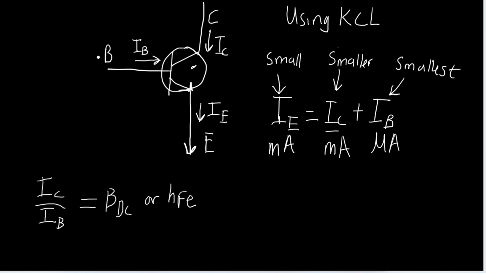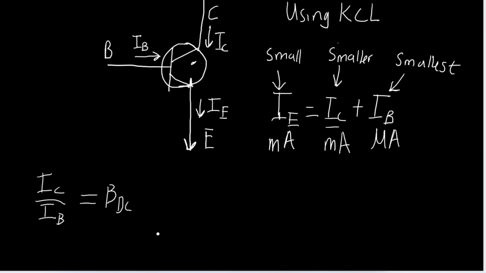Now, if we make this expression linear by cross multiplying, we then have the famous equation IC is equal to beta DC times IB. This expression is quite popular when it comes to BJT. So the ratio of our collector current to our base current is beta DC.